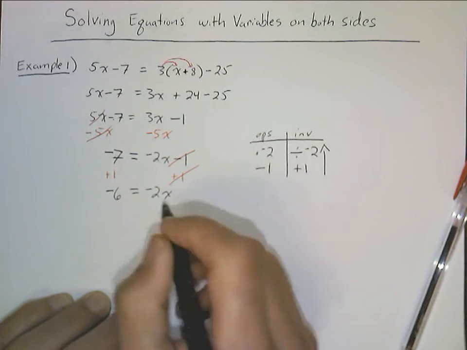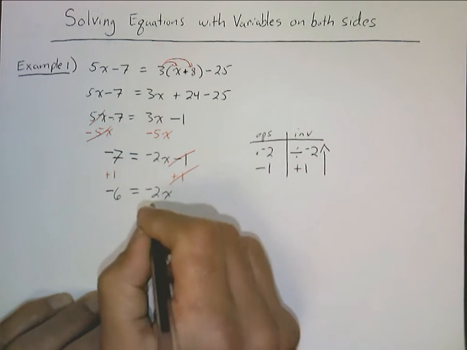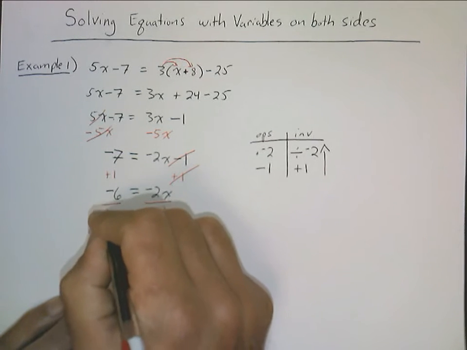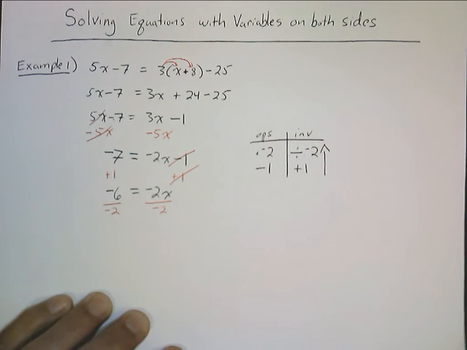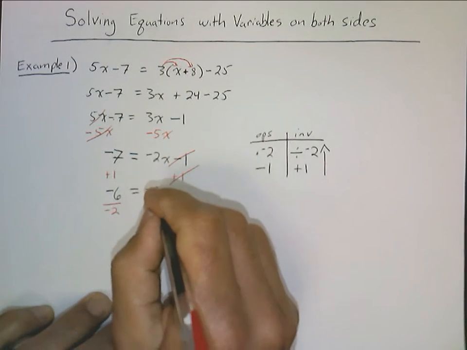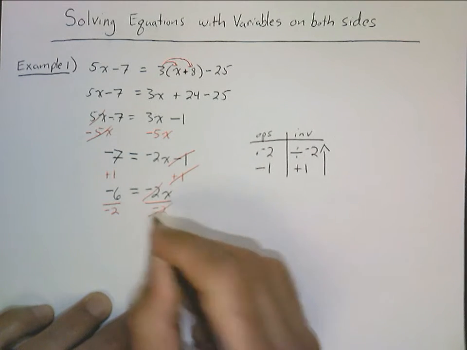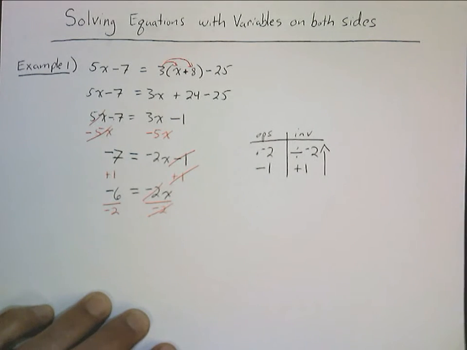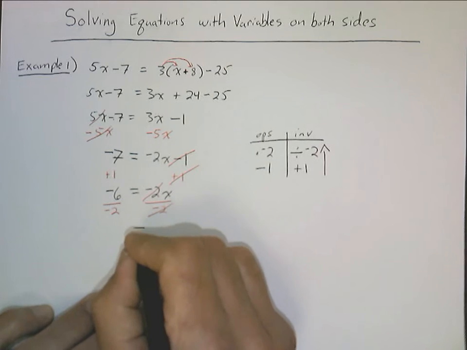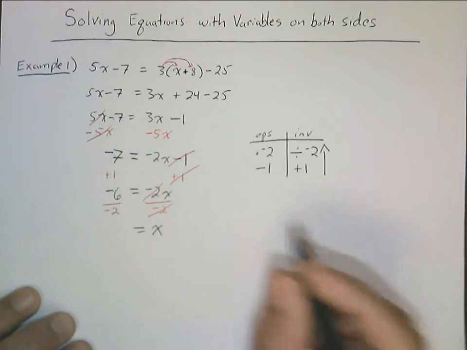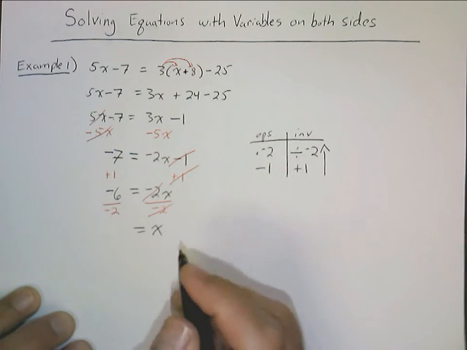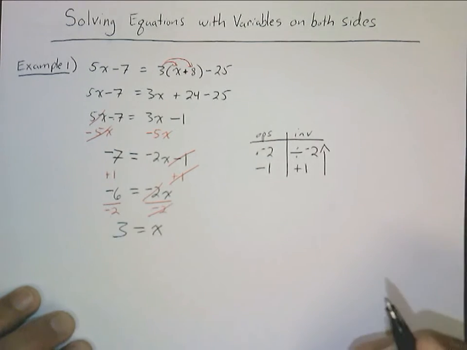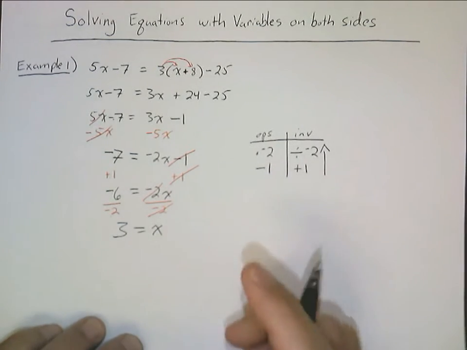Now let's go up here and divide both sides by negative 2. Because this factor of negative 2 on top and this factor of negative 2 on bottom will cancel each other out. And so we're left with just x on the right-hand side. And negative 6 divided by negative 2 is, of course, just 3. So that's what x is.